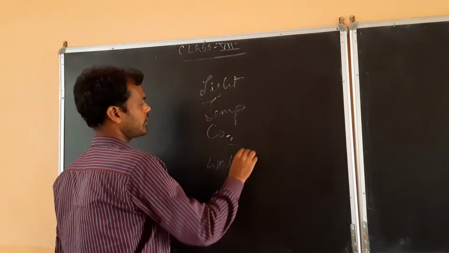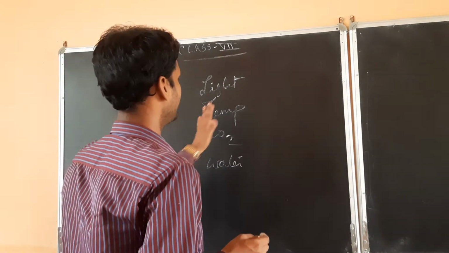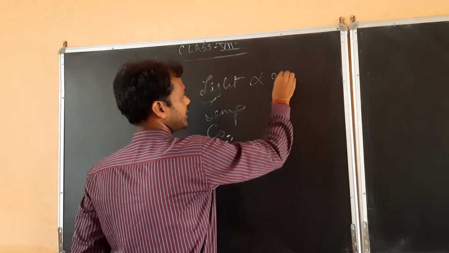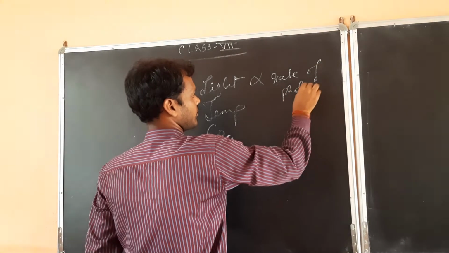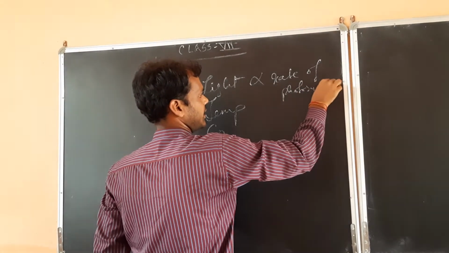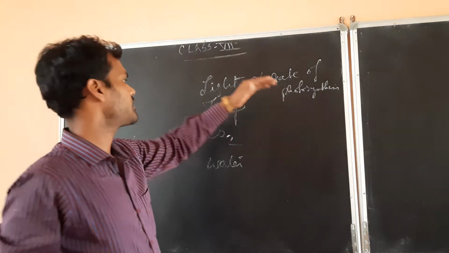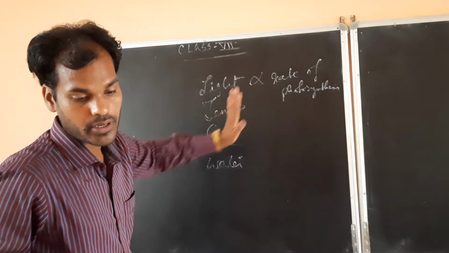If we talk about light, that is the duration, quality and intensity of light, which is directly proportional to the rate of photosynthesis. Sunlight is directly proportional to the rate of photosynthesis, meaning if light is more, the rate of photosynthesis will be more.